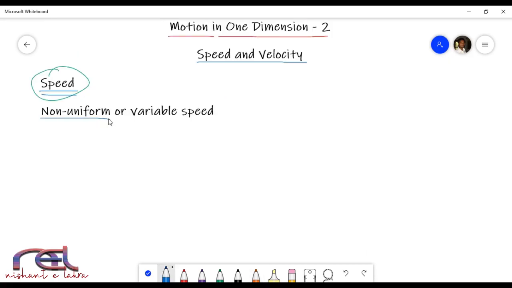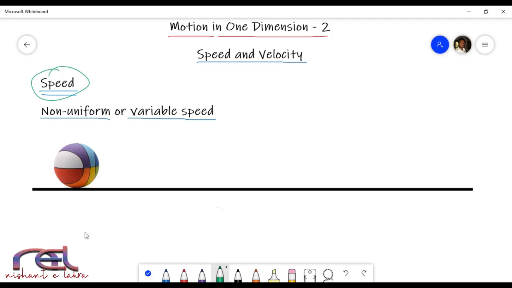Let's see what non-uniform or variable speed is. Let's say there is a volleyball rolling on a plane surface.